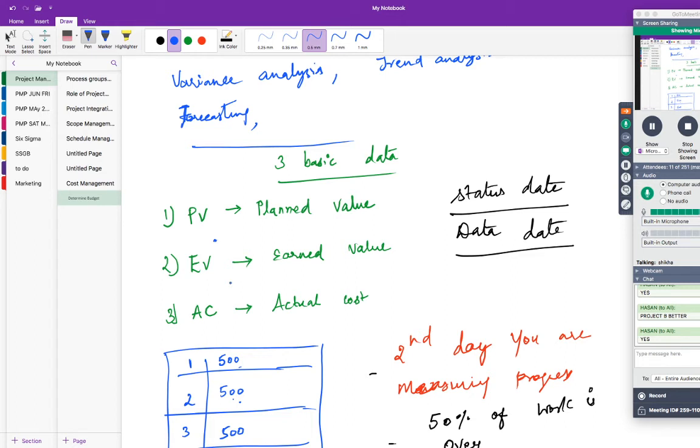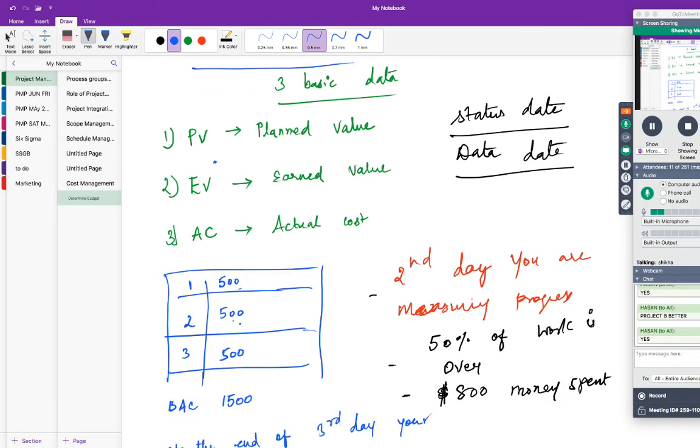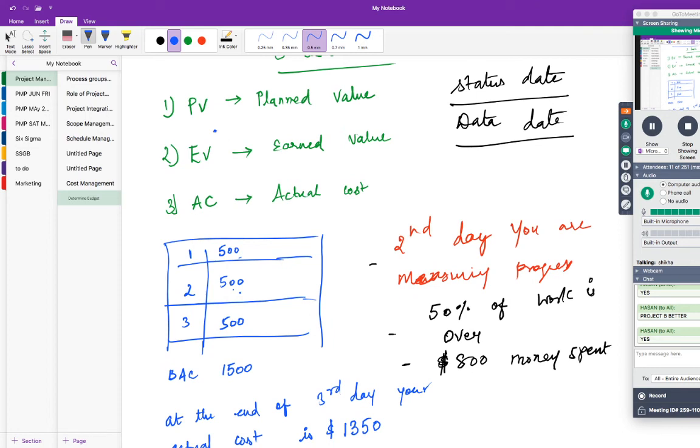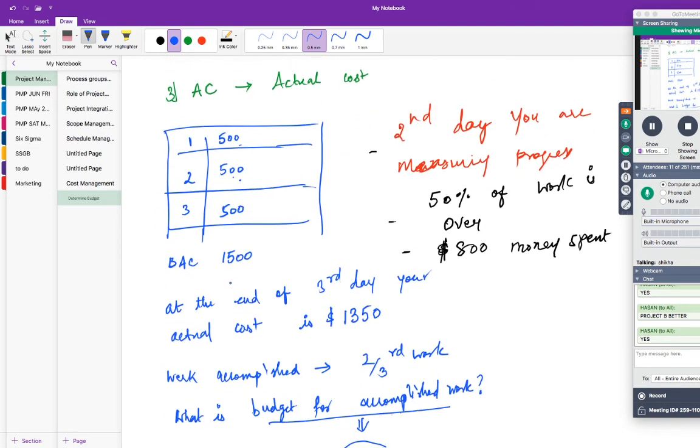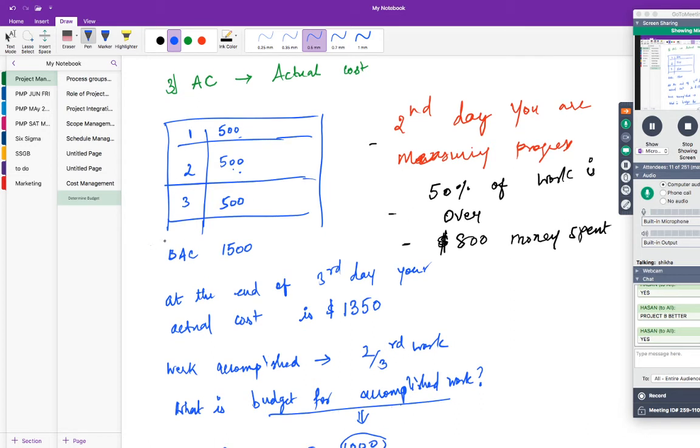Now tell me, we have the first problem. Let's take this first problem. What is the status date in this problem? I want every one of you to concentrate. Status third day, right?